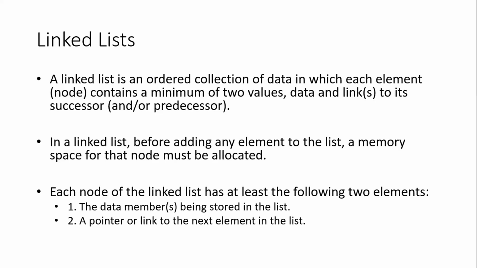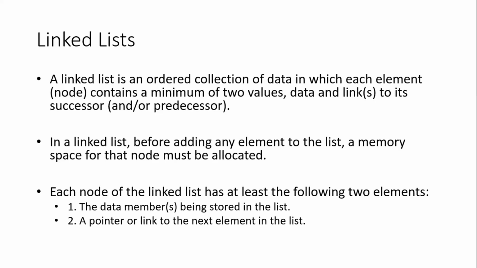Why? Because here the nodes are not stored together. They are stored as and when they are required, when they are allocated the memory. At the starting of a program, I need only two nodes, so I have created two nodes.